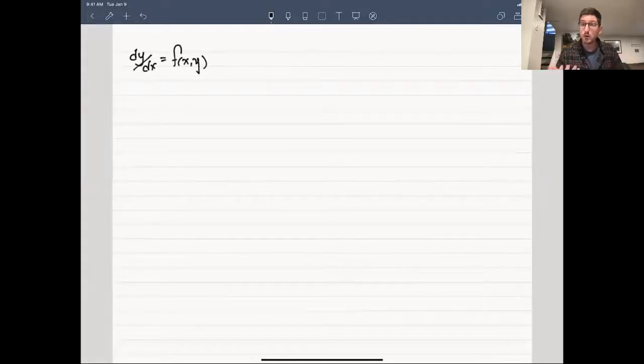Because that's what the derivative is equal to. And so let me illustrate by finding what the slope is, and then I'll show you how you can use this information to figure out what the solution of the differential equation is without actually just writing down y is equal to x plus 1, whatever.